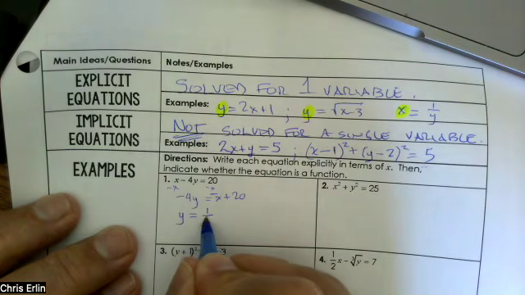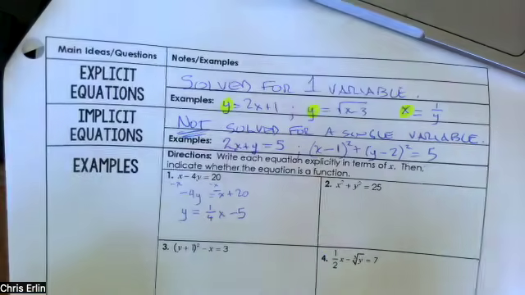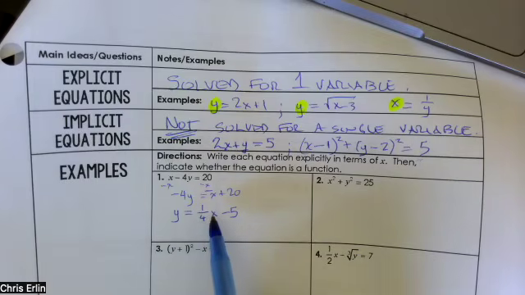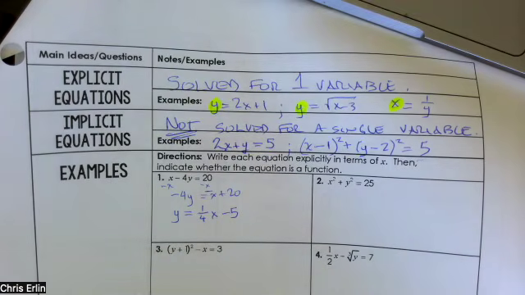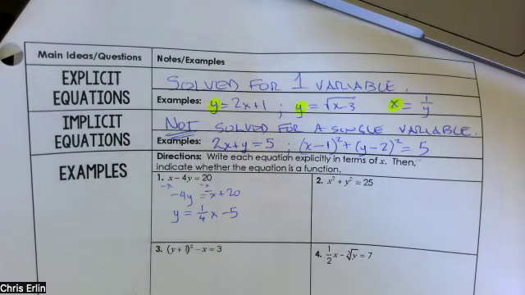And I'll get y is equal to 1/4 x minus 5. We've now solved explicitly for y, not as a number, not like y equals 7, but in terms of x. Whatever x is, I take 1/4 of it and subtract 5, and that's what y is. We'll come back to the second part where it asks if it's a function in just a moment.